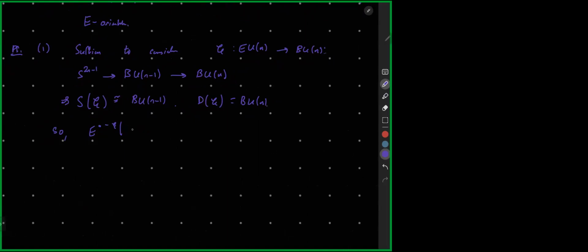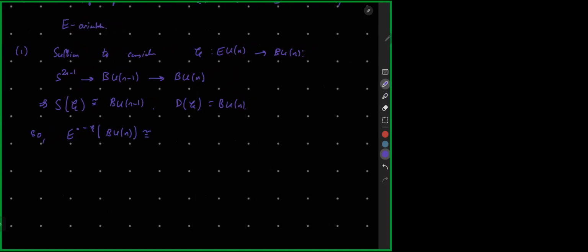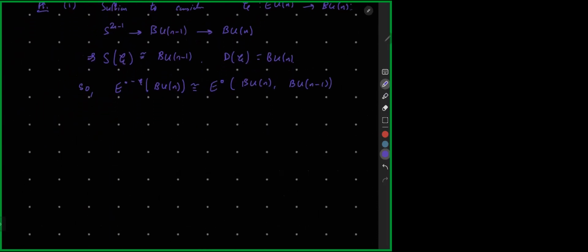So this gives us the following isomorphism, the canonical isomorphism of the twisted cohomology of BU(n) to the relative cohomology of BU(n-1). So what is this?